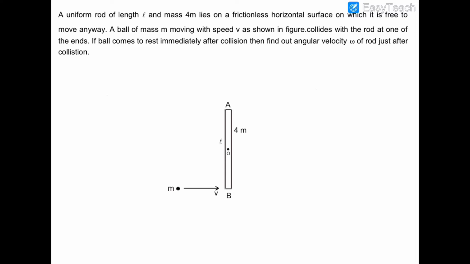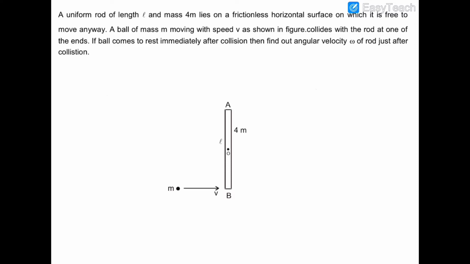So now we have to find out the angular velocity of the rod just after the collision. As we have already discussed in previous problems, whenever there is some hinge, we have to balance the angular momentum about the hinge. But whenever the system is free to move, then we have to balance the angular momentum about the center of mass of the system, which is formed after the collision.